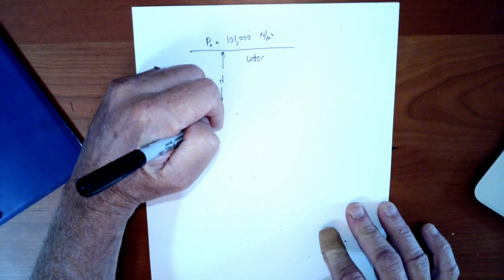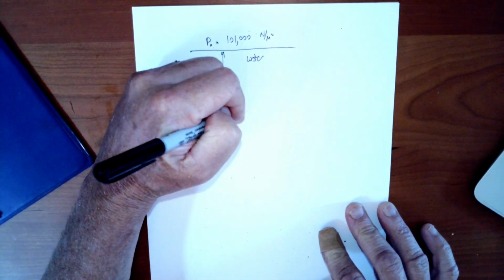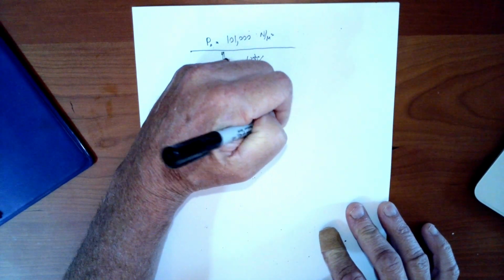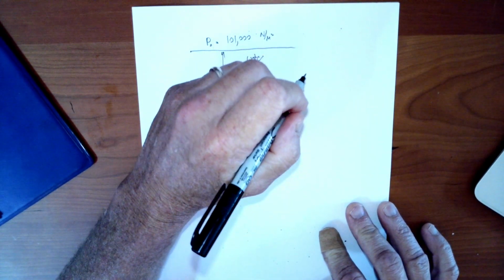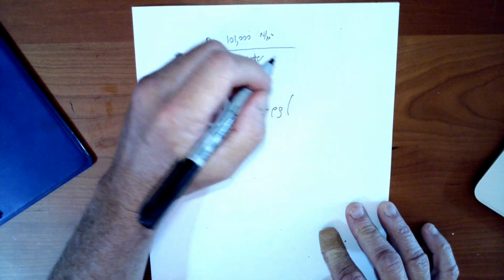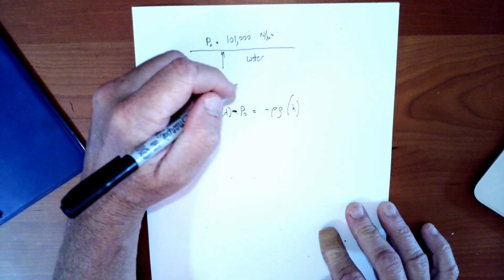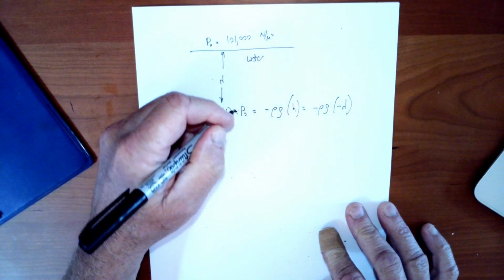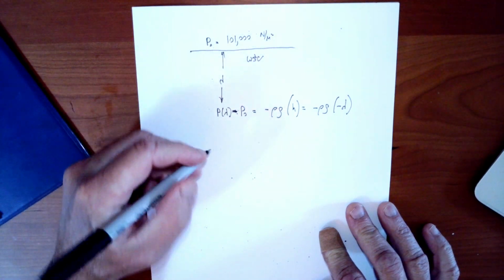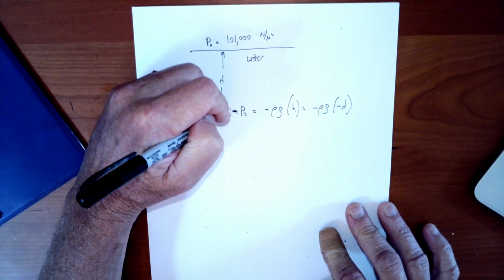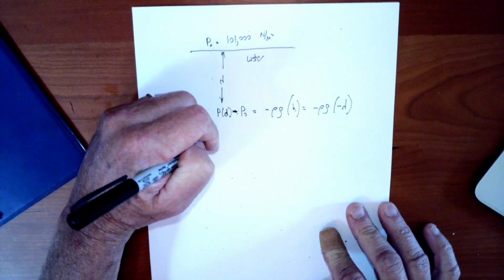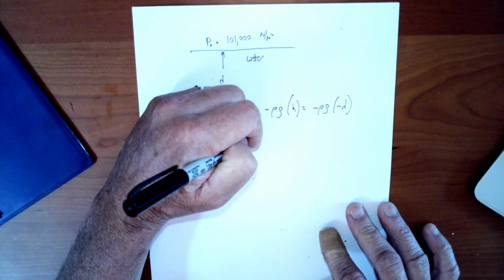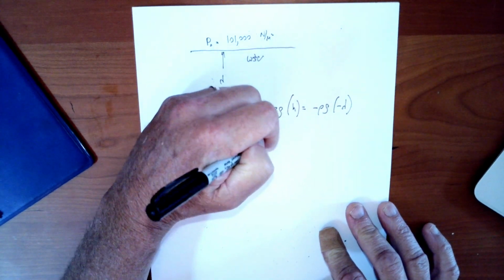And I know the pressure at this depth, it's going to be P minus P0 is equal to minus rho g H, but H is equal to minus D. So that's going to be minus rho g times minus D as my equation. So if you want to do P as a function of D, P minus P0 is equal to plus rho g D.